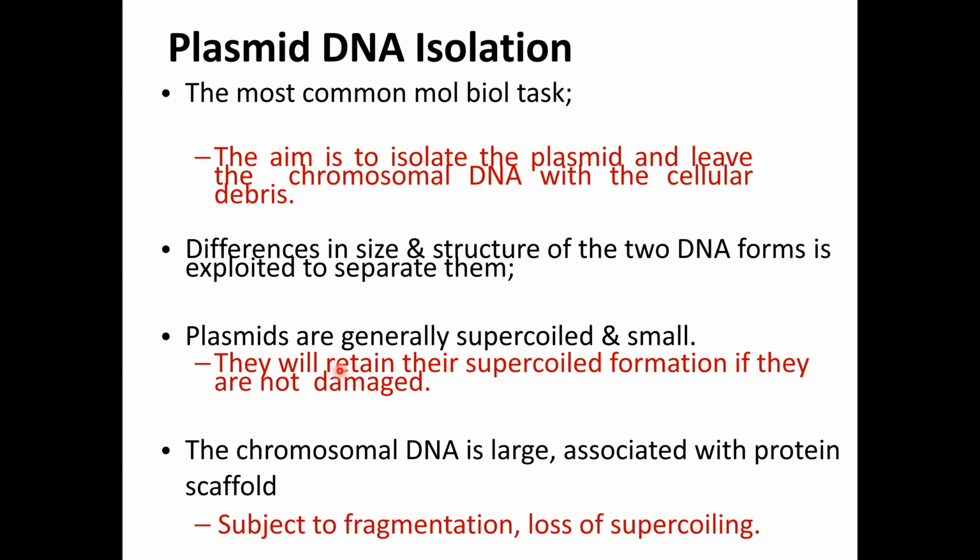Plasmid DNA is supercoiled and small, so it will retain its supercoiled formation if it is not damaged. Your chromosomal DNA, since it is large, is associated with a protein scaffold. So, as I mentioned in the table, it is subject to fragmentation and loss of its supercoiled shape.